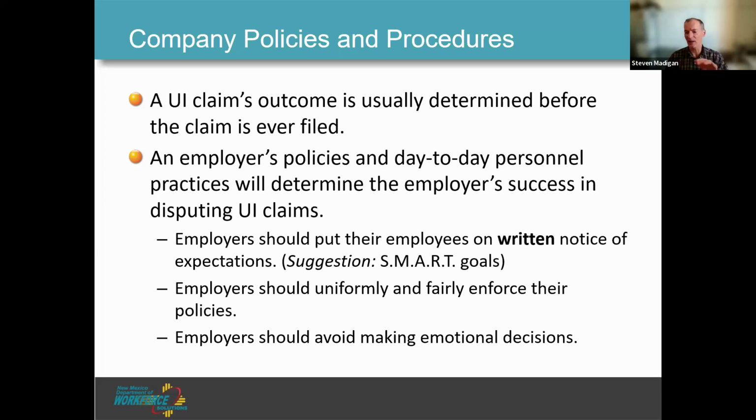But if the claimant can demonstrate to us there are other people who far exceeded that and have maybe only gotten a verbal warning, then if there's not equitable enforcement of the policy, again, that's something that could kind of sway our decision toward allowing benefits here because it's not clear what the expectation is. Yes, there's a policy, but it's not necessarily followed.